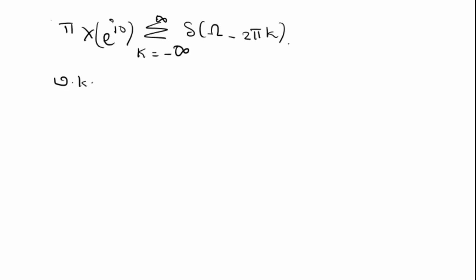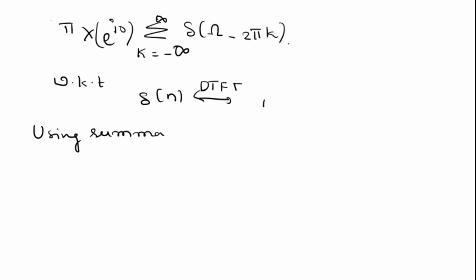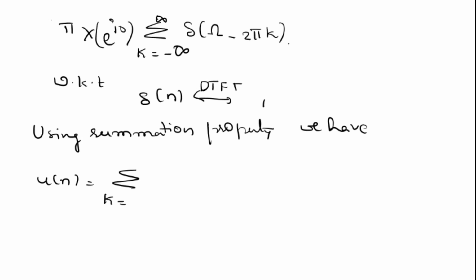And already we know that delta of n, if I take DTFT, I will get 1. Using summation property, we have u of n is equal to summation k is equal to minus infinity to n delta of k.